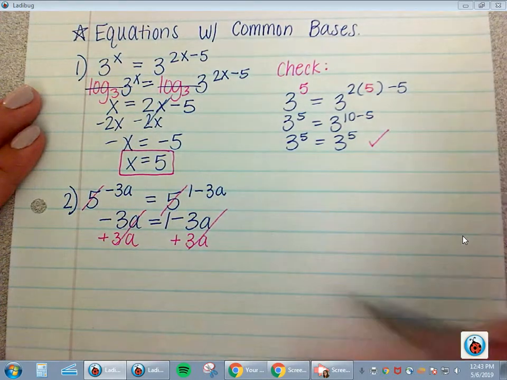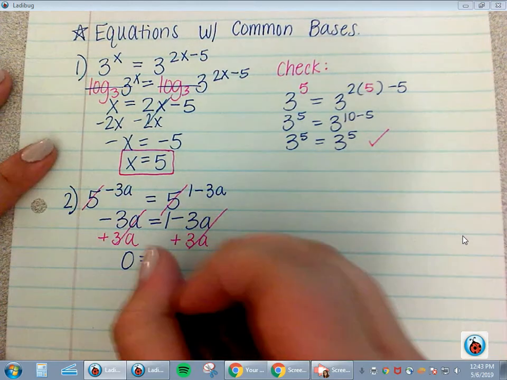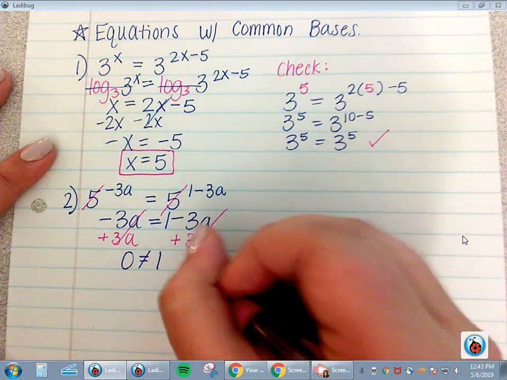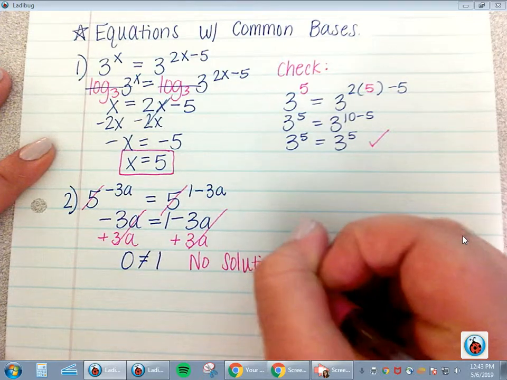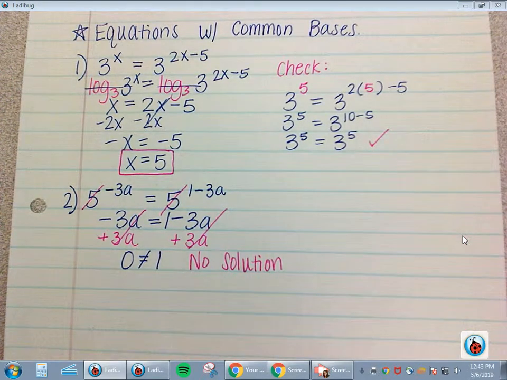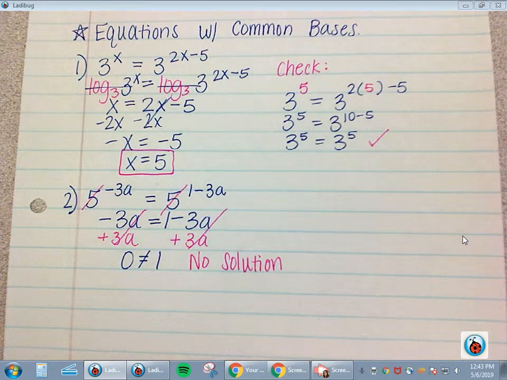On our left, everything is gone and we have 0, and on our right, we have 1, which is clearly not true. So we have no solution. In this case, we realized there was no solution while solving for a. Sometimes we solve for a, and then when we plug it in, the check doesn't work. So there are 2 types of times you'll get a no solution.